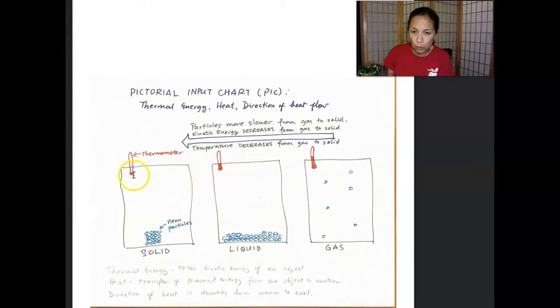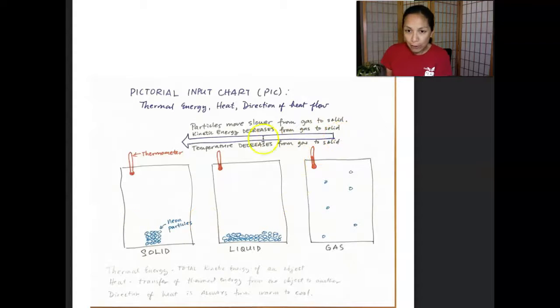We also colored where the thermometer would show. This is not accurate, but it is just to show that gas has the highest temperature, then liquid, and solid has the lowest temperature.